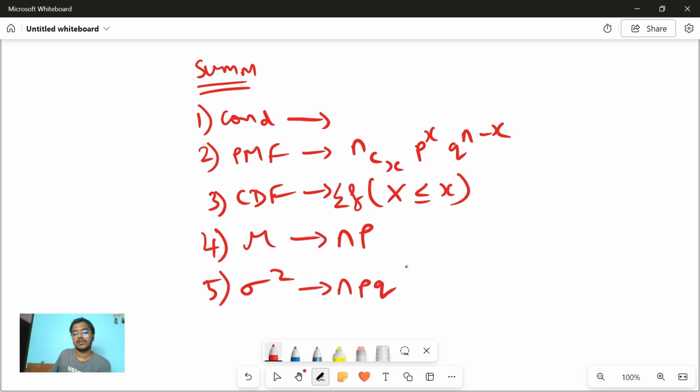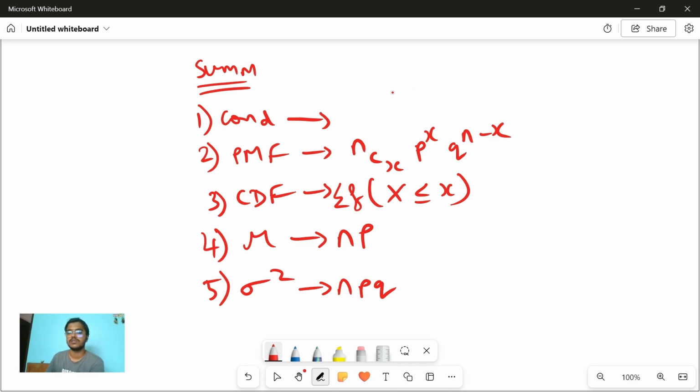The conditions, one part I forgot to tell. One is that the number of trials is fixed. Second is that there are only 2 outcomes, P and Q, success and failure, and the summation is 1. Another is that the probability of success in each trial will be the same. You cannot change it. So when you roll a die, the probability of getting 6 is 1 by 6. Every time you roll a die, the probability of getting 6 will be 1 by 6 only. It cannot change.